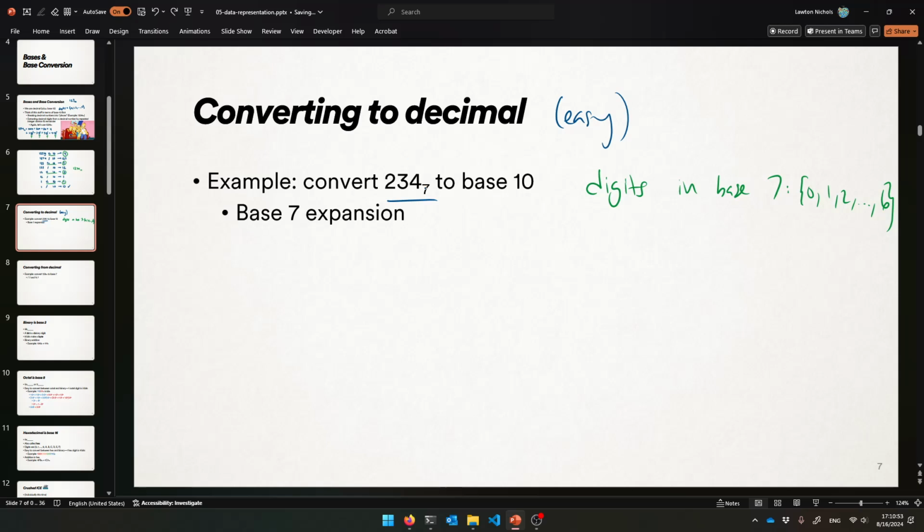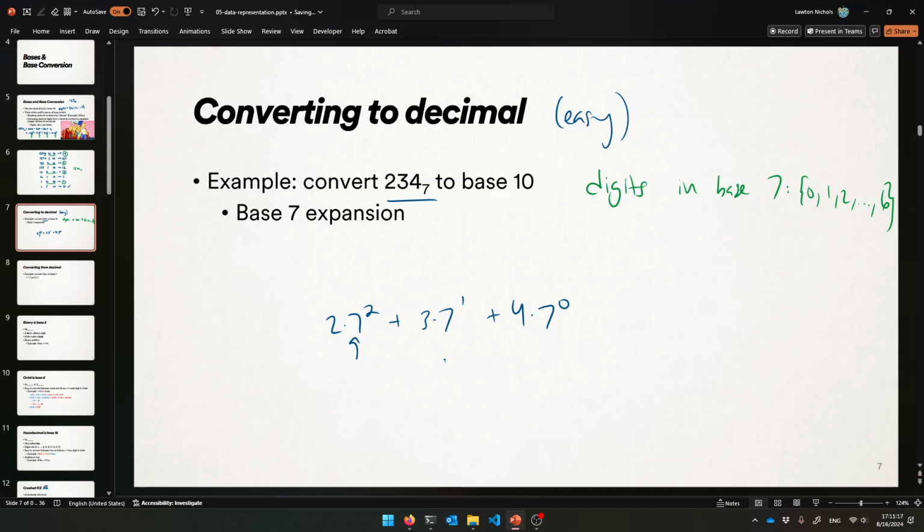Well, start with the rightmost digit, 4 times 7 to the 0, plus 3 times 7 to the 1. Does that make sense? This is now the 7's place, which is interesting to think about, plus 2 times 7 squared. That's the 49's place, which is also fun.